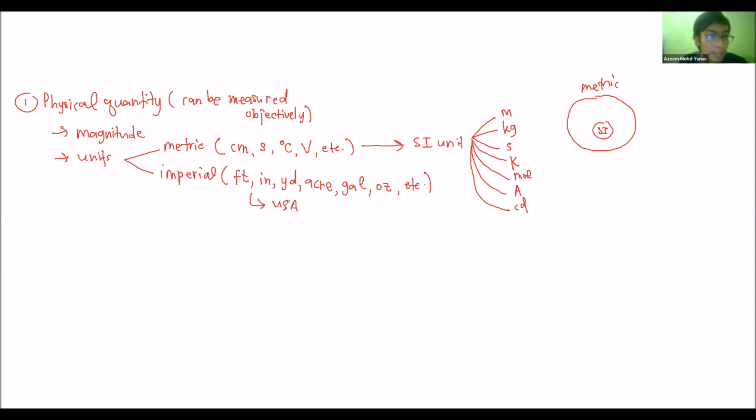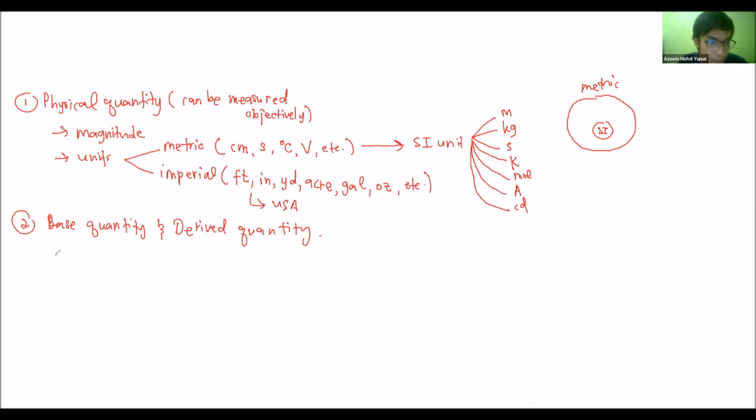Okay, so today we continue to extend our physical quantities. Yesterday we learned about base quantity and derived quantity. So let's list down some of the examples.